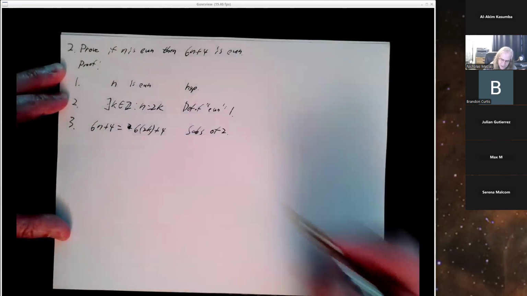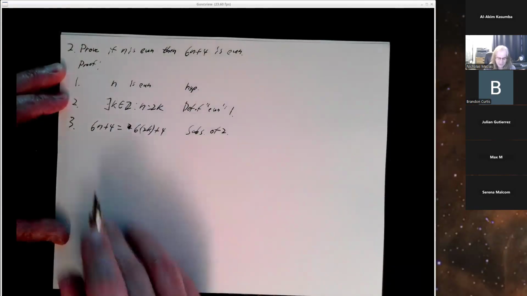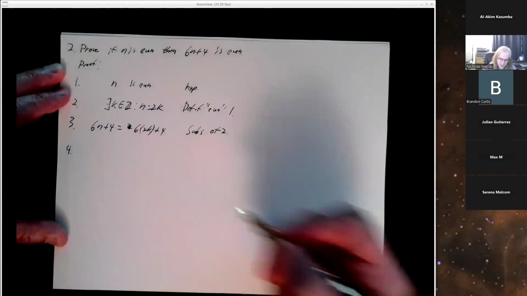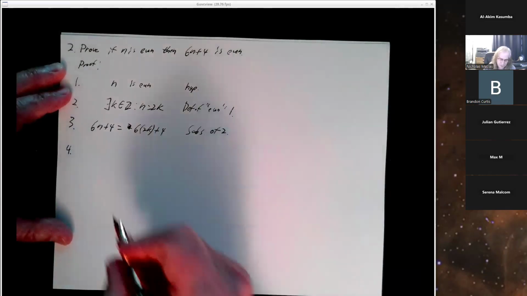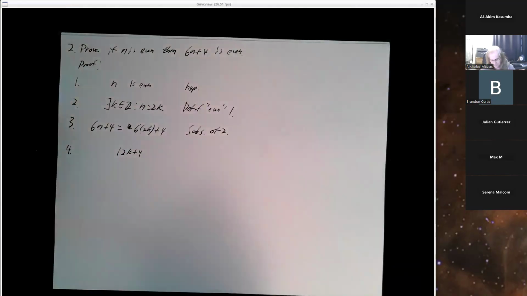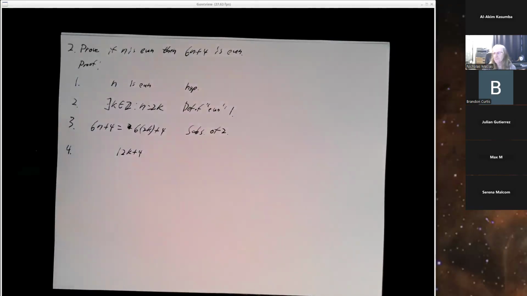And that's just substitution of equation 2, right? N equals 2k into this expression. So at this point, some people wrote down something like 12k plus 4. And at that point, you lose credit. What's wrong with this statement 4?